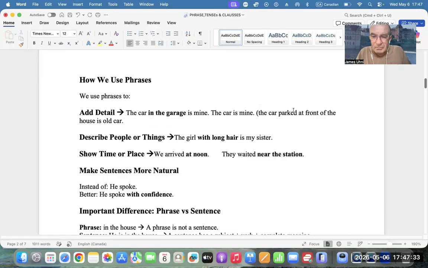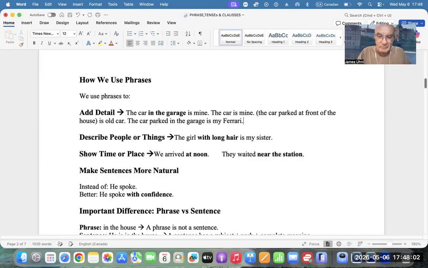The car parked at front of the house. The car parked in the garage, not in my garage, in the garage is my Ferrari.